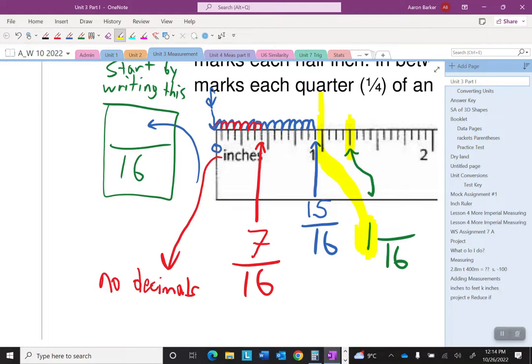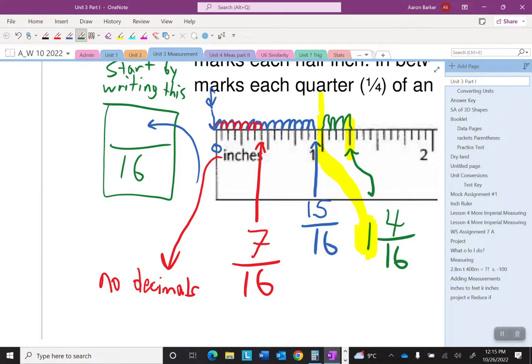And then, starting at that line, I can then count. So now I can count from this 1 inch line, 1, 2, 3, 4. So that is 1 4/16. I pass 1 whole inch, and it's 4/16.